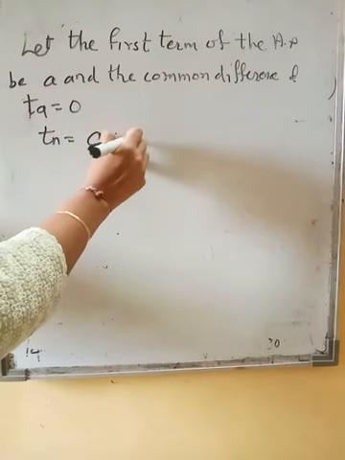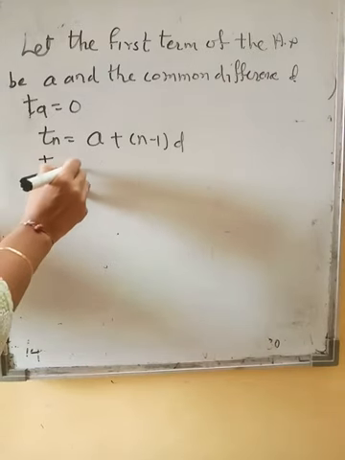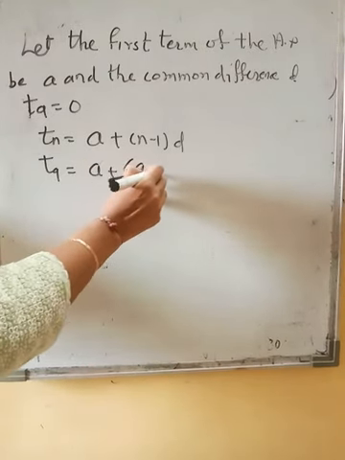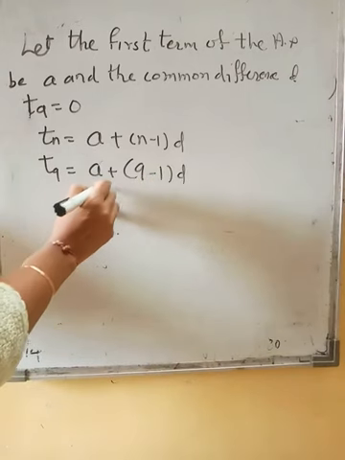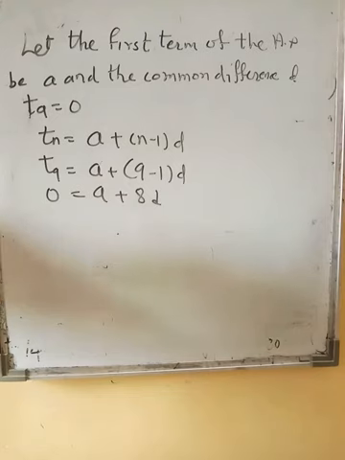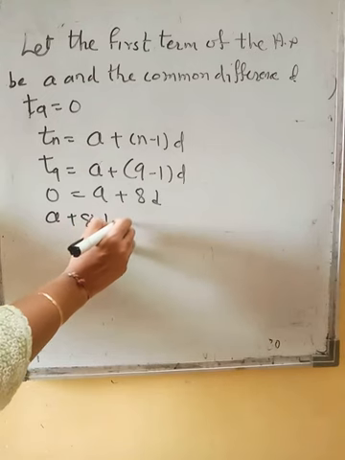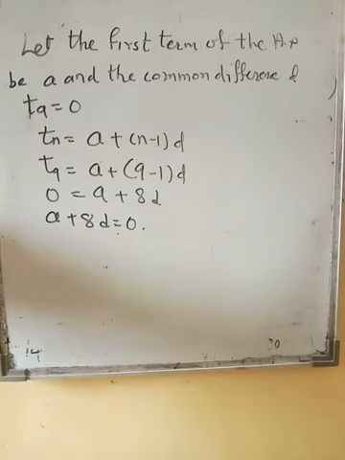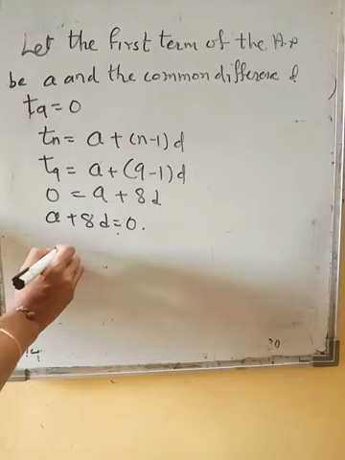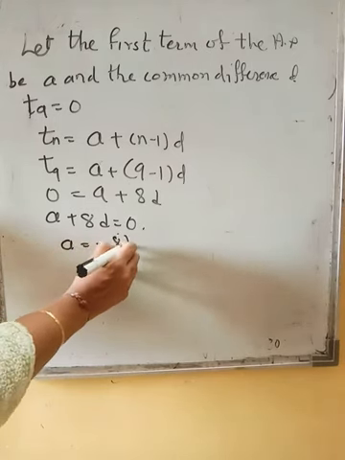Tn is A plus (n minus 1) into D. So T9 will be A plus (9 minus 1) into D. So what you will get? A plus 8D. This is given as 0. So I will write systematically A plus 8D is equal to 0. Correct? So if I want, I can write that A is equal to minus 8D if I require.